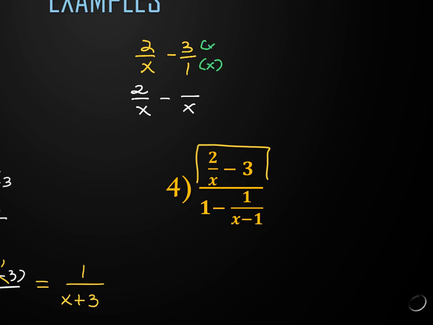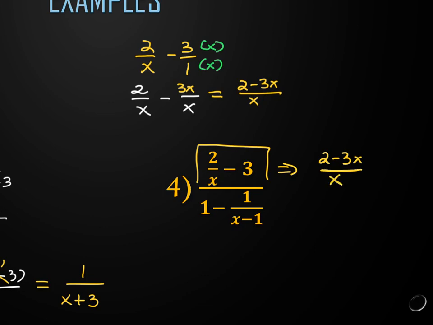So I'm going to multiply the top and the bottom by x. So this now becomes 3x. I now subtract my numerator, and it becomes 2 minus 3x. I cannot subtract the 2 and the 3 because the 2 doesn't have an x, so I just leave it side by side. So now my new numerator is 2 minus 3x over x.